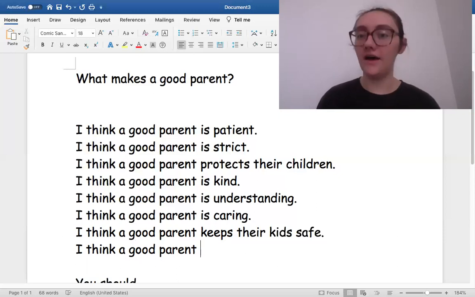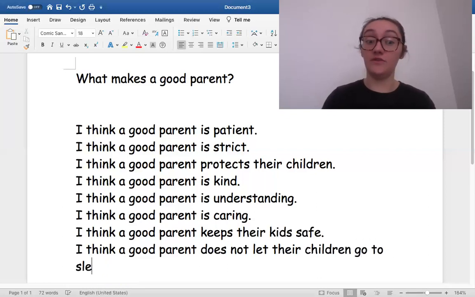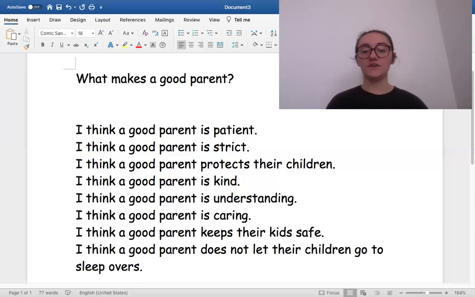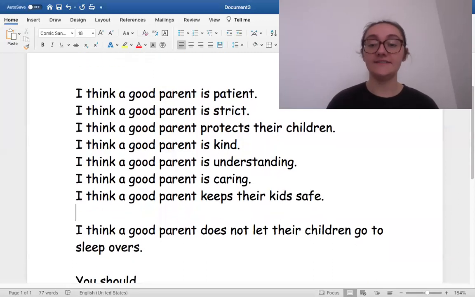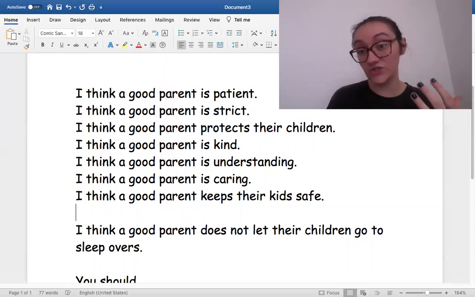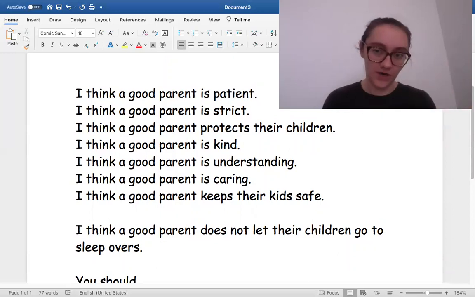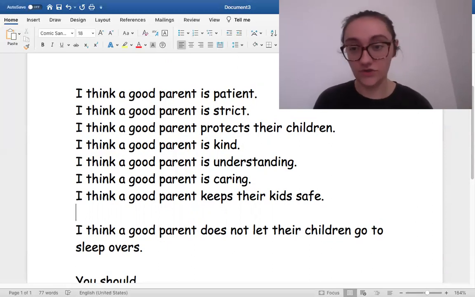But I've heard other parents say this. So I think a good parent does not let their children go to sleepovers. So this is one that I've heard, and this is one that my parents did to me, is I was not allowed to have sleepovers because they didn't want me to be in another person's house overnight where they couldn't watch me. So I think a good parent does not let their children go to sleepovers.